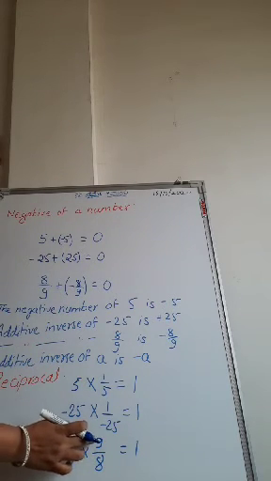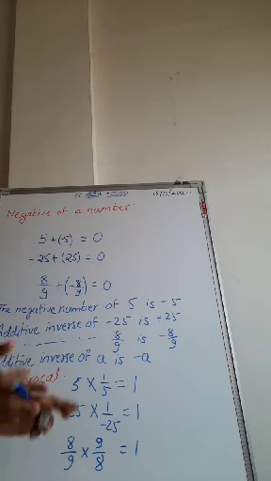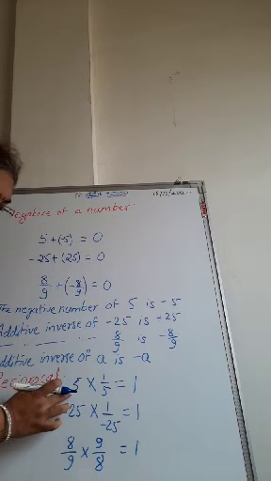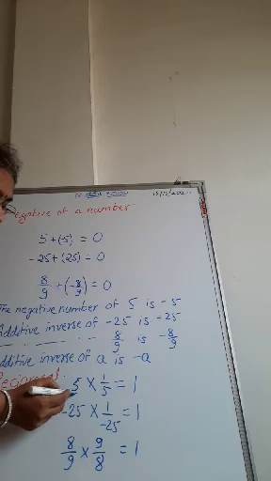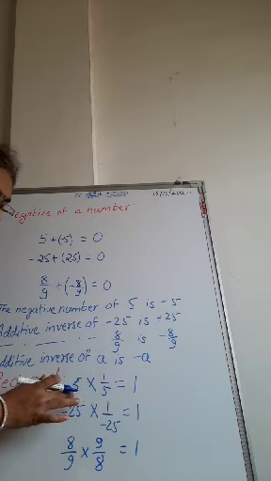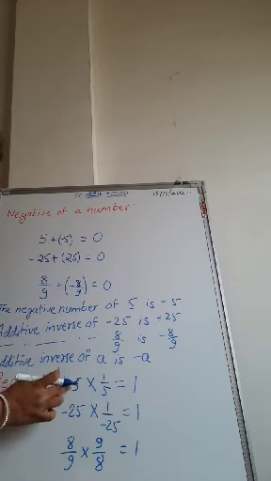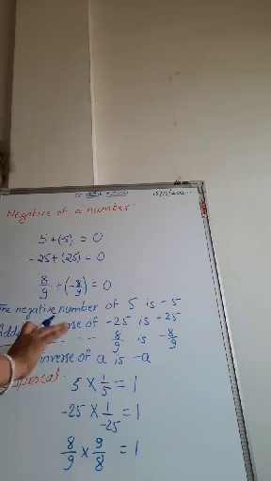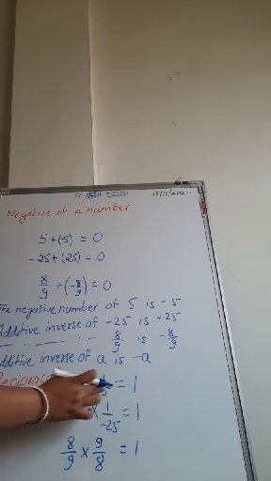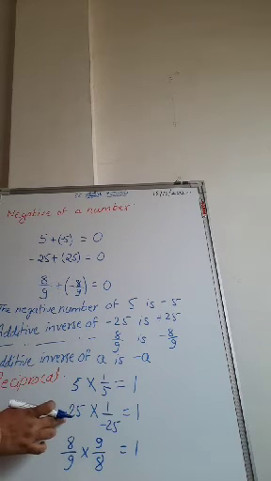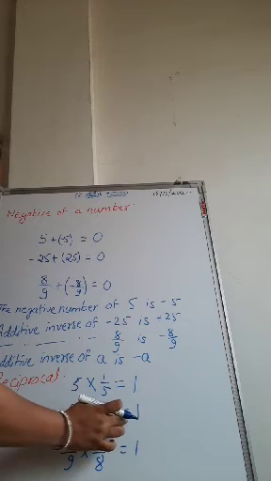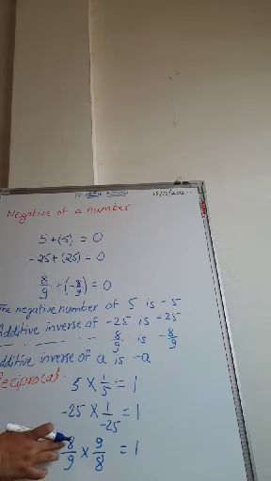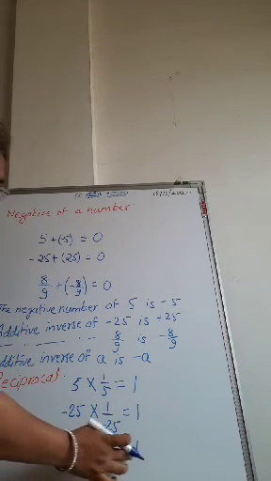See, this is the reciprocal. Reciprocal means ulta, upside down. So 5 is there. If nothing is there in the denominator, we understand that 1 is there. That you know. So when 5 is there, the reciprocal of 5 is 1 by 5, that means ulta. Then when we multiply, we get 1. Like this, minus 25 into 1 divided by minus 25 is equal to 1. Like that, 8 by 9 into 9 by 8 is equal to 1.